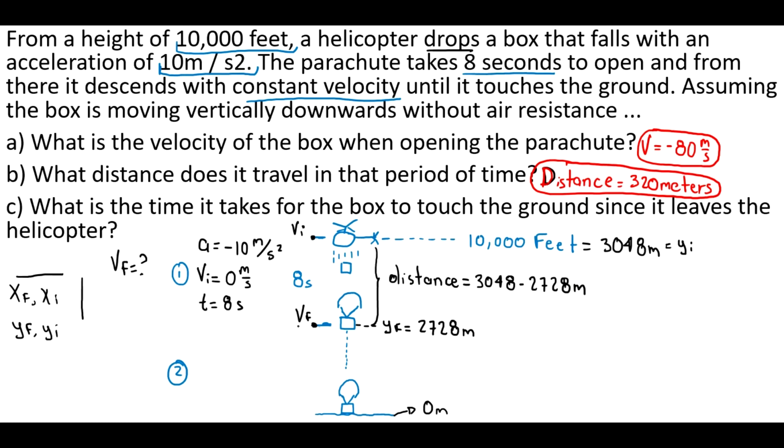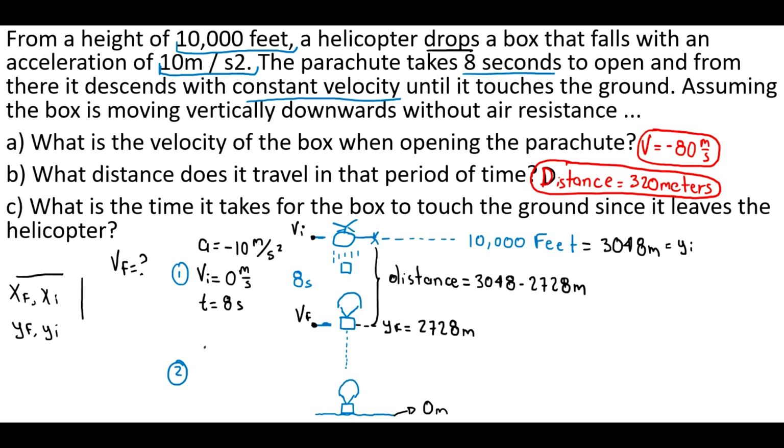This is the second segment. In the second segment, I'm going to have constant velocity because the problem says that. So I got the velocity. The velocity of this whole segment is the final velocity when the parachute opens, and that final velocity I already got.